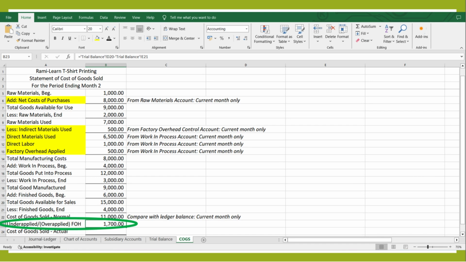If there is a debit balance, it is considered under-applied. Since cost of goods sold has a normal debit balance, under-application will be added. In other words, the overhead costs initially allocated are insufficient. Remember, we only need the amounts for the current month, which is month 2.